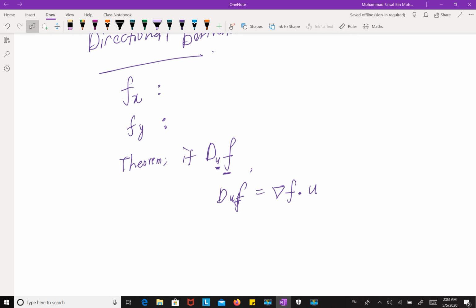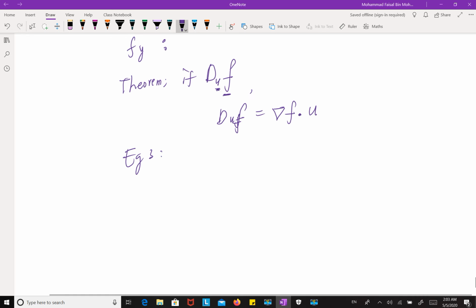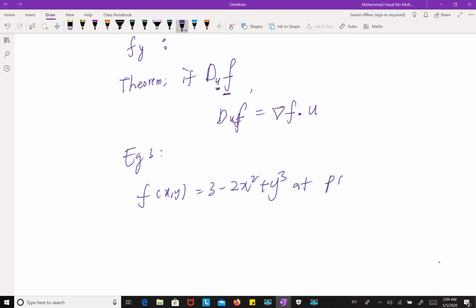Okay, so we see some examples. Example 3, in your note: find the directional derivative of f(x,y) = 3 minus 2x squared plus y cubed at P(1,2) in the direction of the unit vector u, we always put a cap, which equals 1 over 2 i.